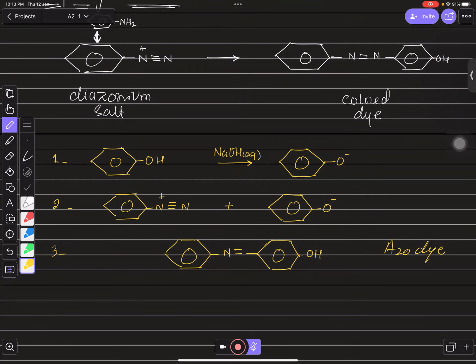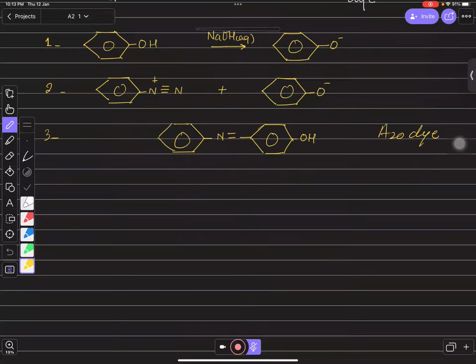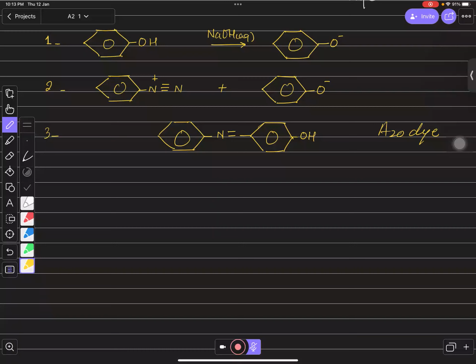So let's move on to the next thing that we need to understand. Just look over here. Suppose I am talking about this again. You have this compound again, diazonium salt.